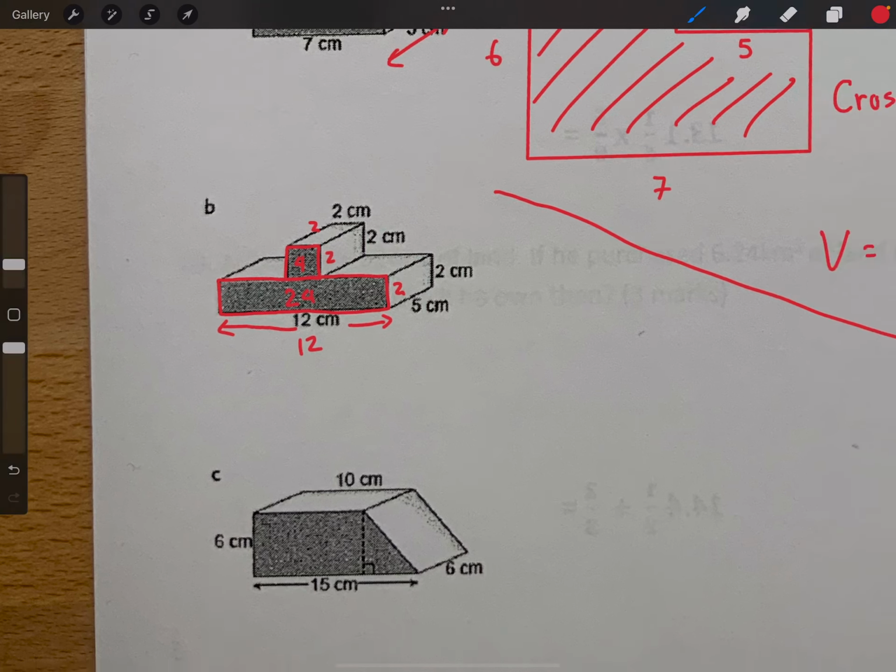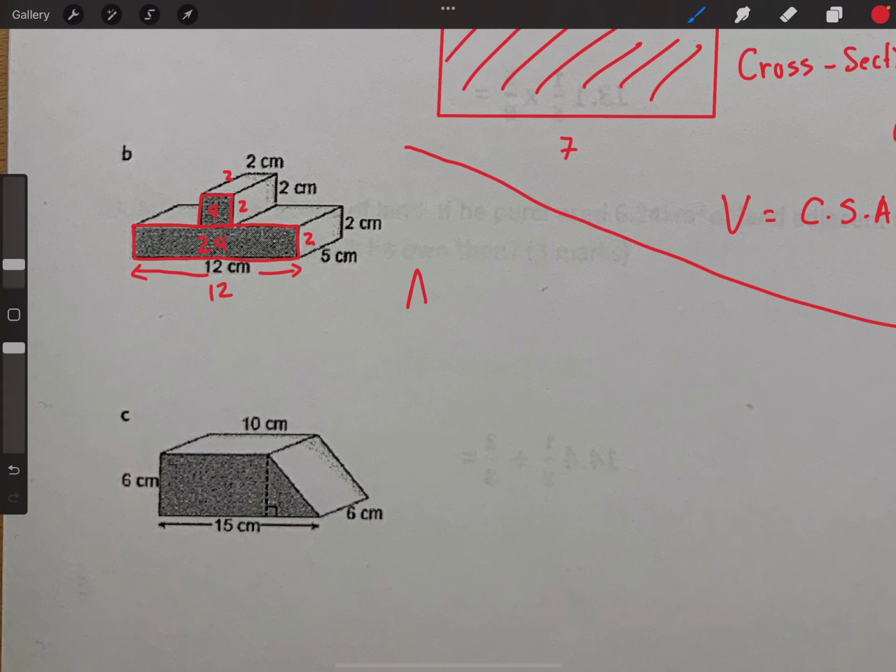So together, the cross section area is equal to 4 plus 24, and that's going to equal 28. So this whole thing here, I'm going to color it in, this is 28, okay? Now this is the cross-section area.